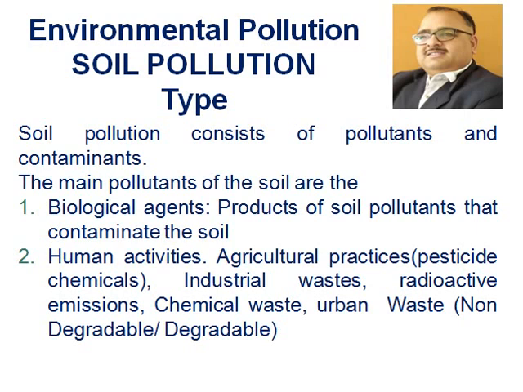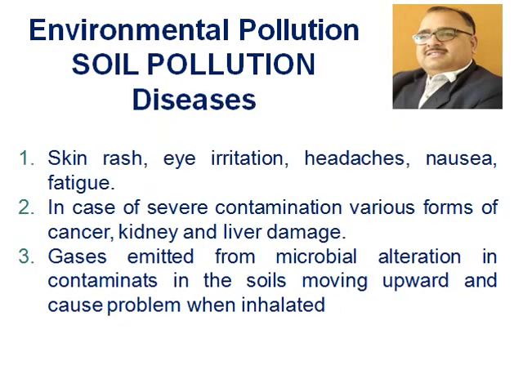Then industrial waste, sometimes radioactive emissions, radioactive wastage, then urban wastage or chemical wastage. In urban wastage we include both degradable and non-degradable. Non-degradable, as I told in the previous slide, are not degraded by the normal microorganisms which are available in the soil.